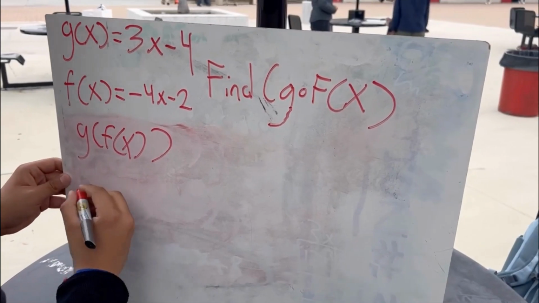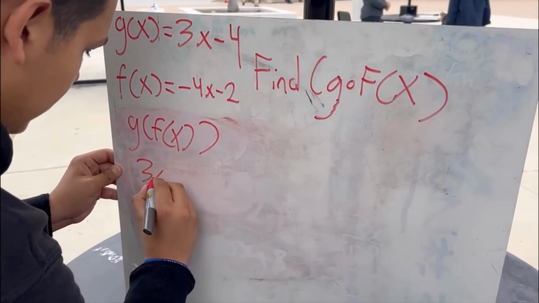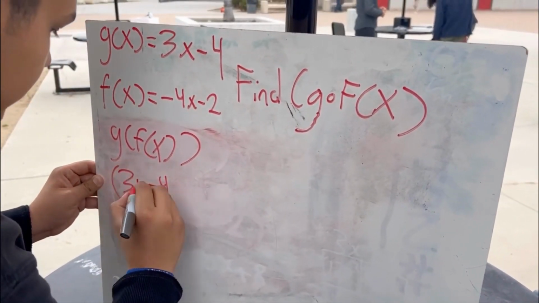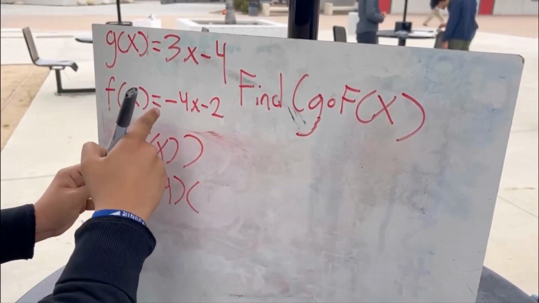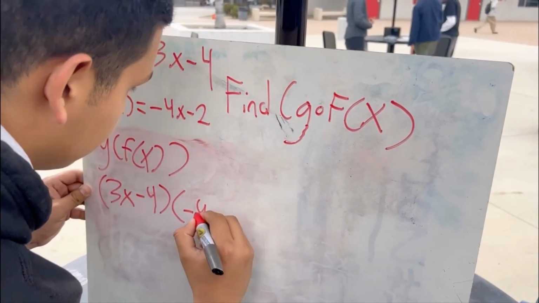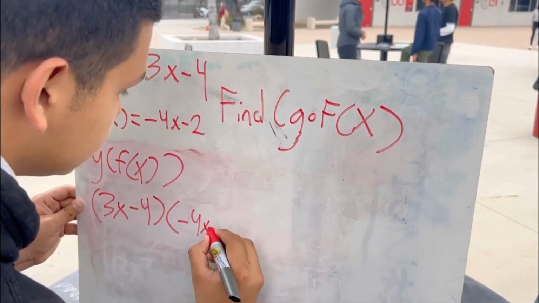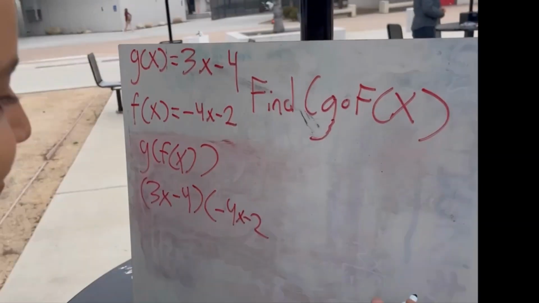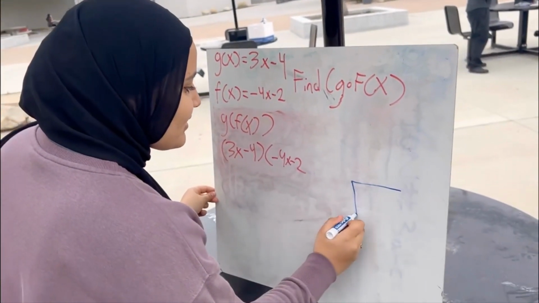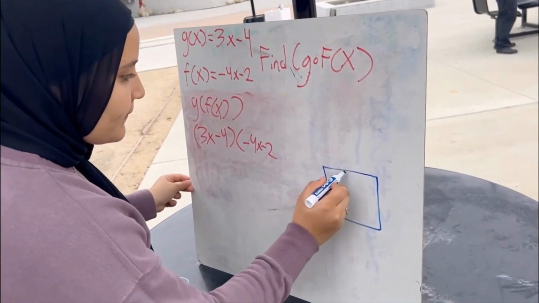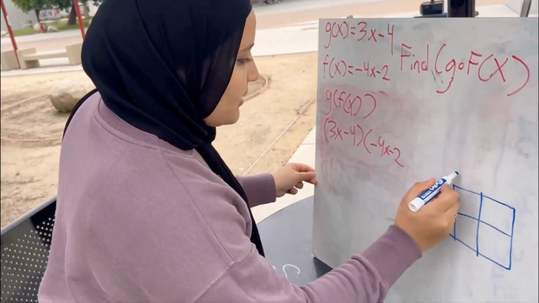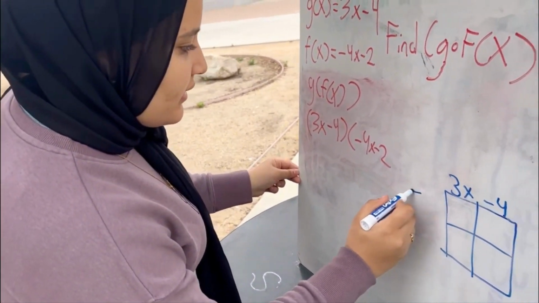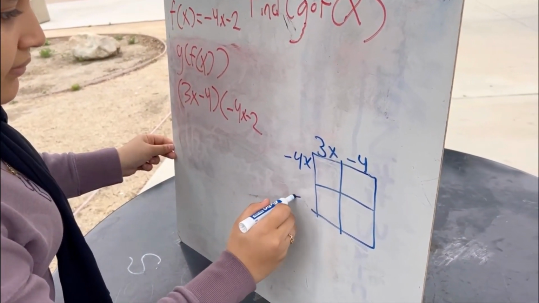So we know that g is 3x minus 4 parentheses f of x, which is negative 4x minus 2. And to find the answer easily, I'm going to do the box, which is going to be 3x minus 4 and negative 4x minus 2.